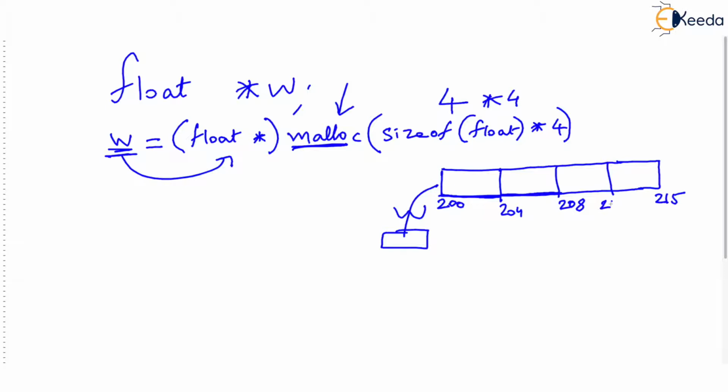To 211 can store the third float, and 212 to 215, the last 4 bytes, can store the fourth float.